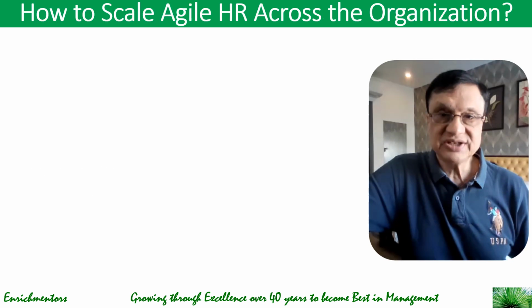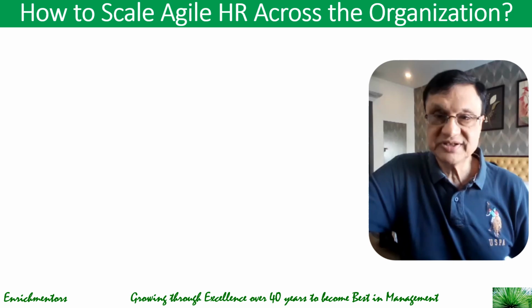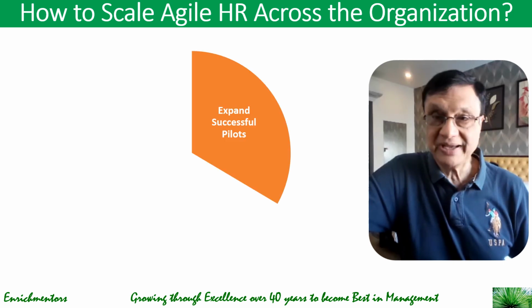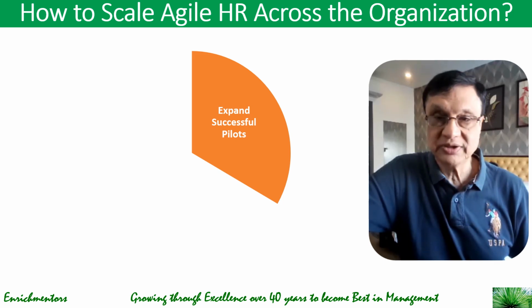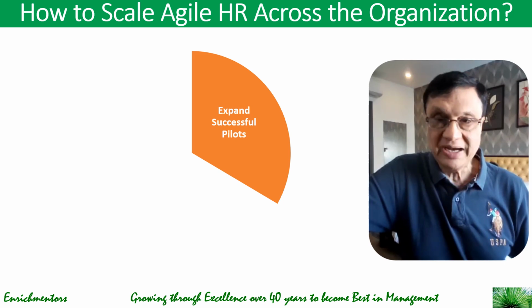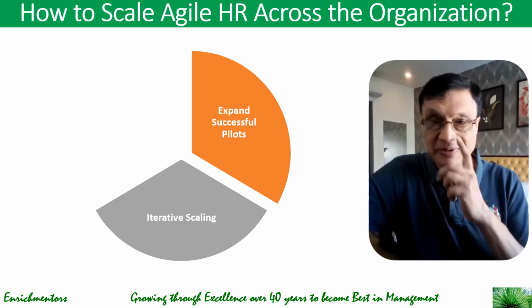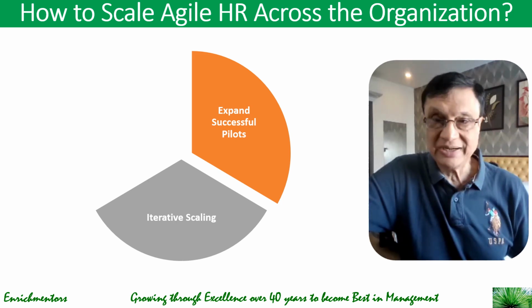To scale Agile HR across the organization, you broadly need to do three things. First is to expand the successful pilots. Once you have pilot projects that have proven successful, you need to begin scaling them to other HR functions and departments. Do iterative scaling. Don't try and implement Agile HR all at once.